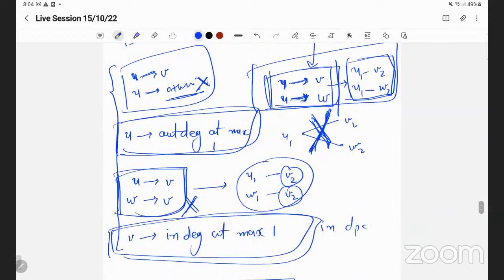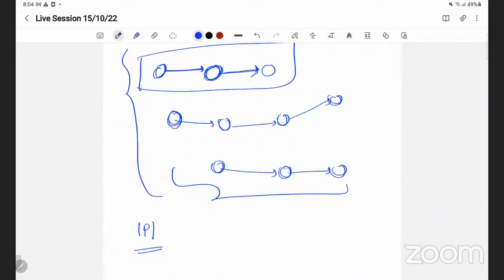So the total number of edges in this set will be the size of the matching, which is n minus k, right? And what is the number of edges with respect to the total number of paths?